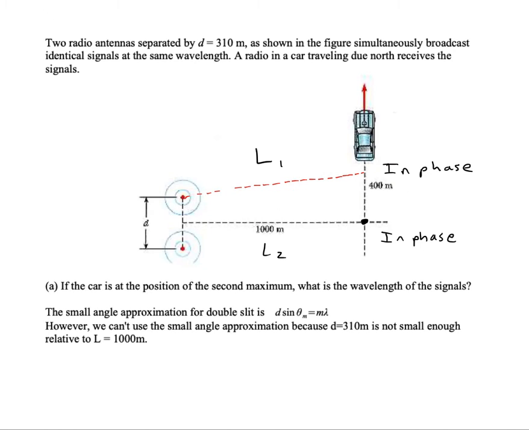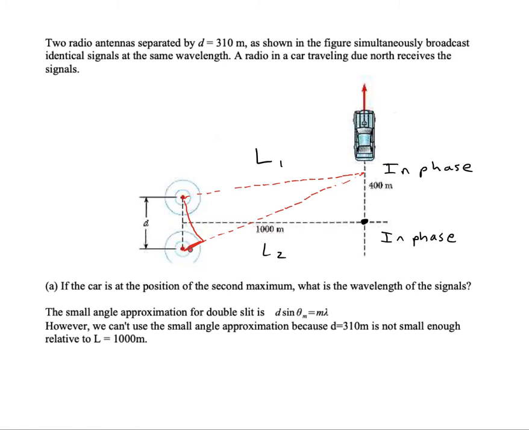oscillation. Now, the way that we draw this is we draw the distance between the antenna and the point in question, and then we try to see how much longer is that other path.